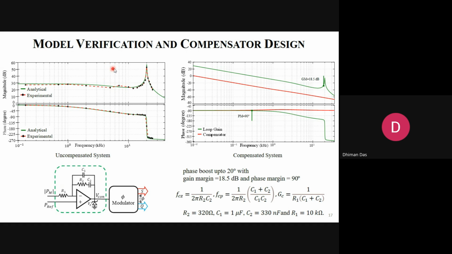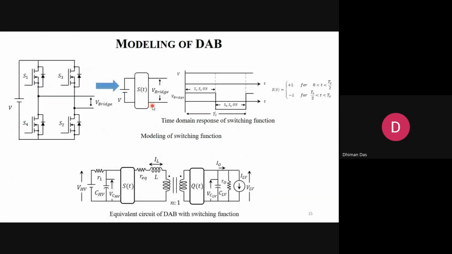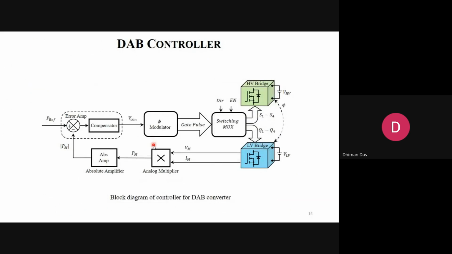In order to do that, you just break the loop. This is the most popular way to validate any kind of plant or converter. You just break this loop, and at the control voltage you can inject different frequencies, superimposing them on this control voltage.